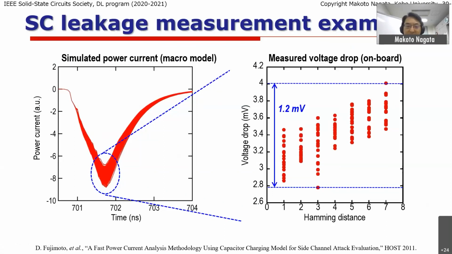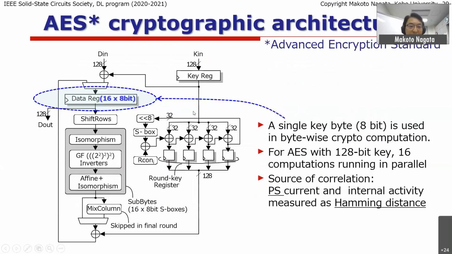What's the Hamming distance in this case? Data register, if you see. In the very last round of the AES, by definition, the key shuffling will not be mixed. And the mixed column will not happen. So in the very final round, one of the processing stages will be eliminated. So simplification will be happening for the attacker.